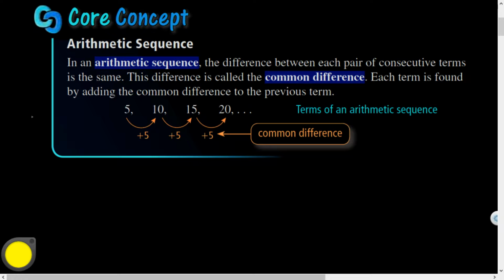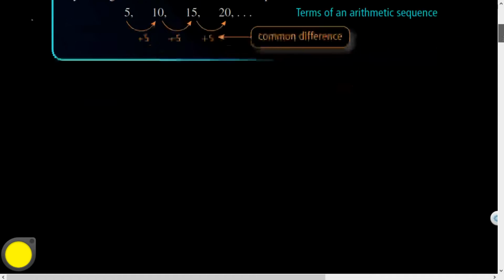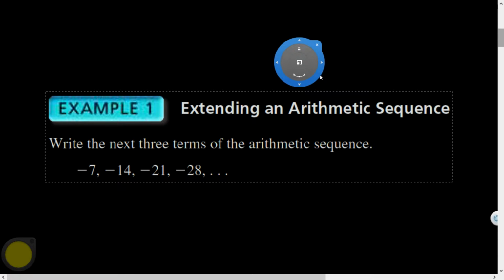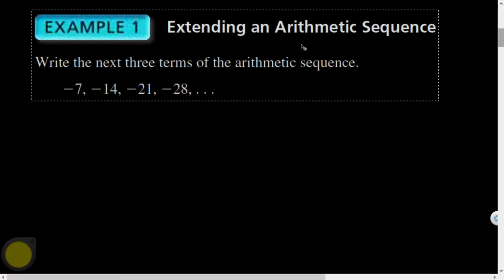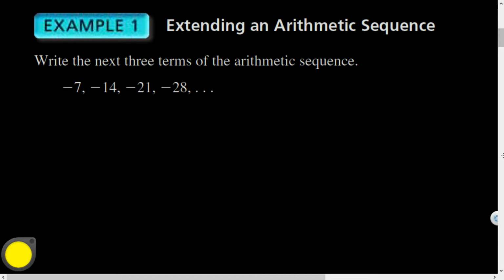Arithmetic sequences are a type of linear relationship, a discrete linear relationship. We're not necessarily going to be dealing with too many graphs of them, but we might be dealing with them as a list. Here's a classic problem that says, write the next 3 terms of the arithmetic sequence.